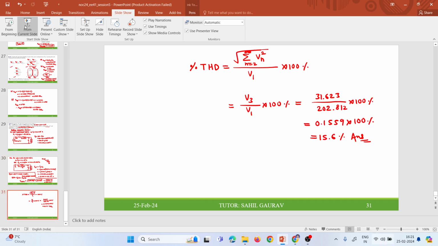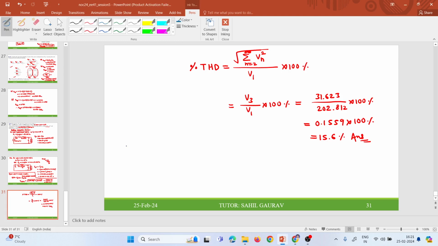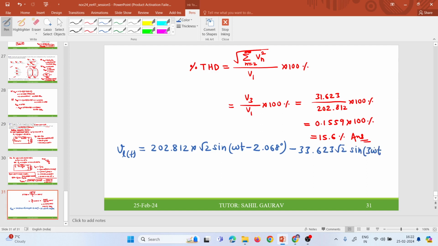So if you write in terms of RMS value also, then you will write it like this: 202.812 root 2 sine omega t minus 2.068 degree, and this one will be VL3, the minus 31.623 into root 2 sine 3 omega t plus 11.563. This is the instantaneous value.